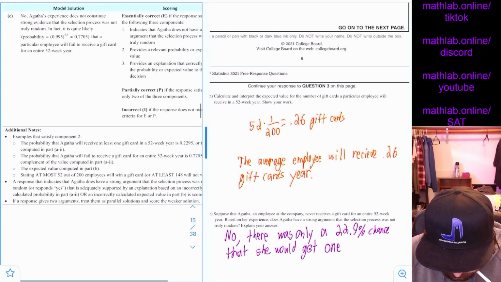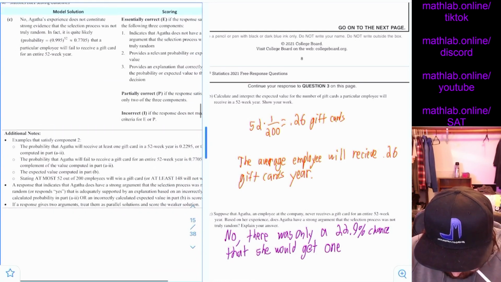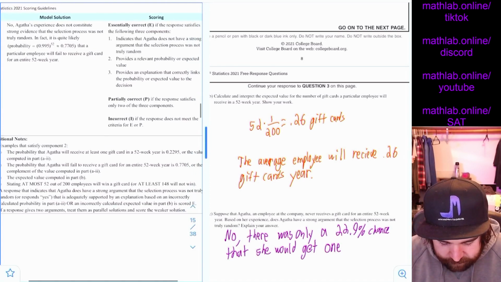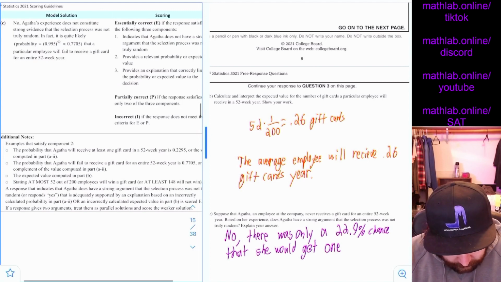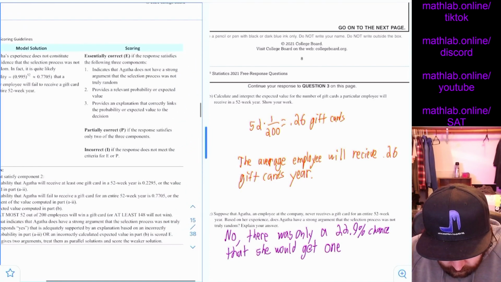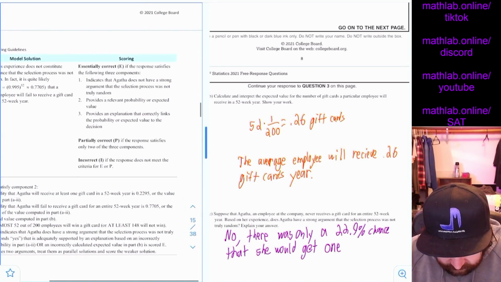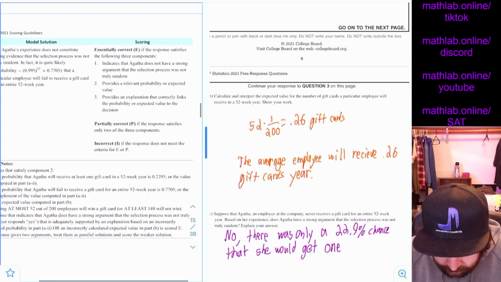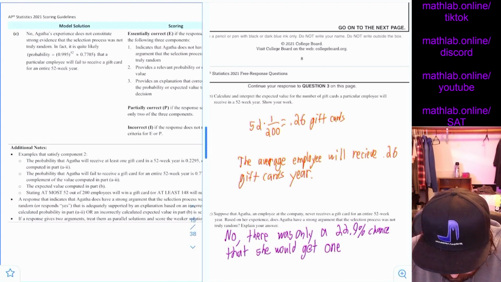Examples that satisfy component 2. The probability that Agatha will receive at least one gift card in a 52-week period. So I satisfy component 2. And that's definitely satisfied component 1. Did I satisfy component 3?